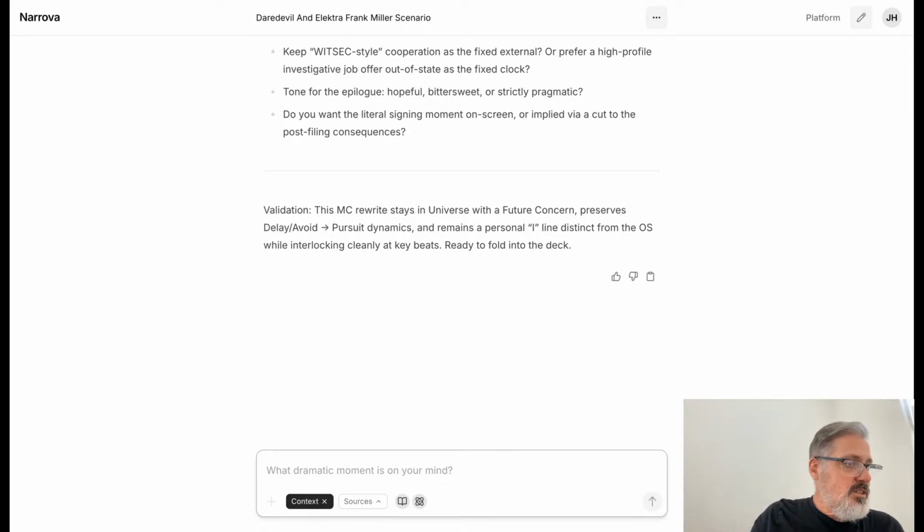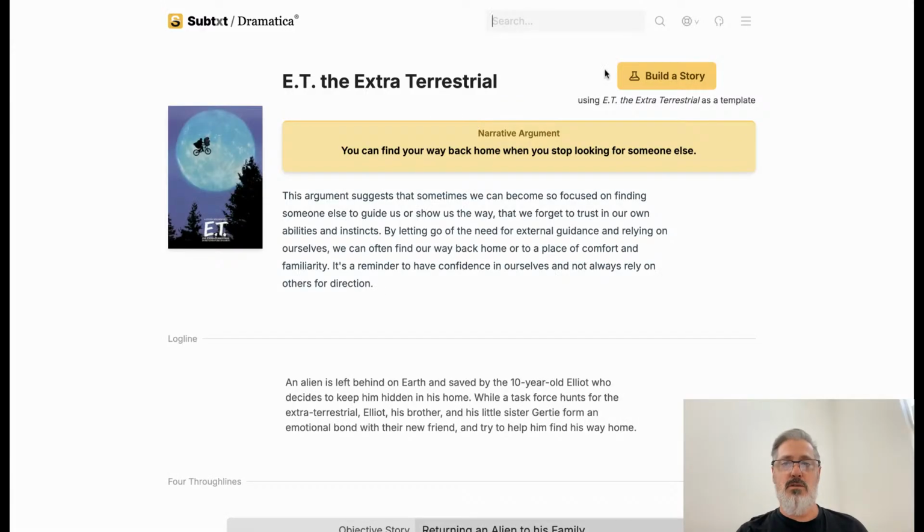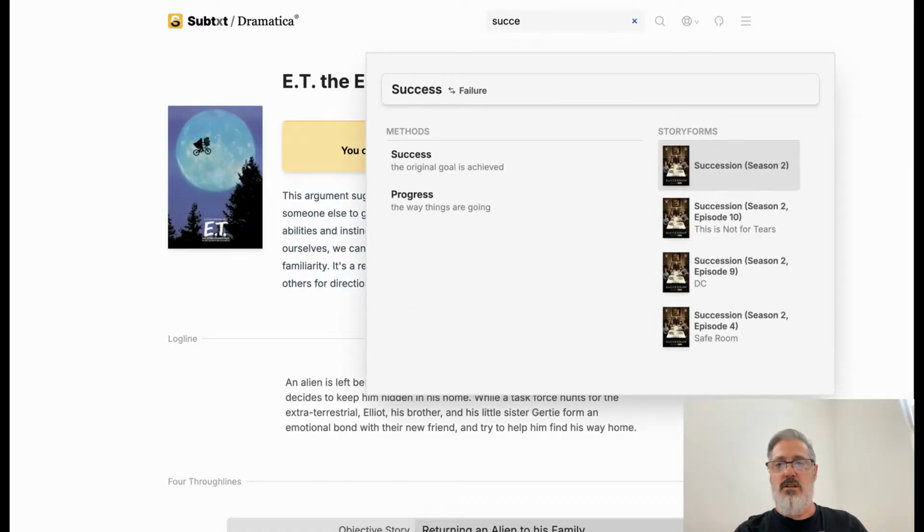How might you use this to create a single episode in a series? Create a story form for the season arc and a separate story form for individual episodes that share elements from the series arc. A really great thing to look at is to open up Subtext and go into the whole Succession thing. So if I go into Succession, we have the first two seasons.